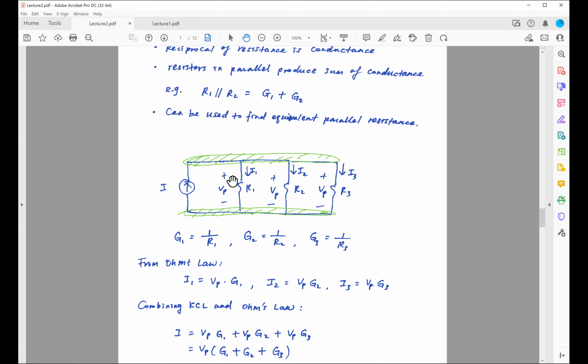Okay. So whatever the voltage that I have between this node and this node, which I call Vp, has to be the same across all these resistors. So therefore, the voltage drop across R1 is equal to Vp, same as the voltage drop across R2, same as the voltage drop across R3. So this is a very important point.